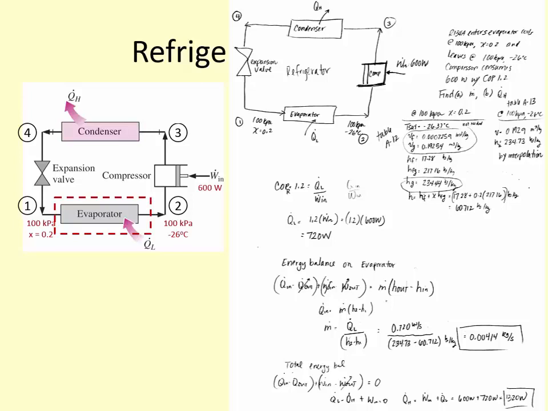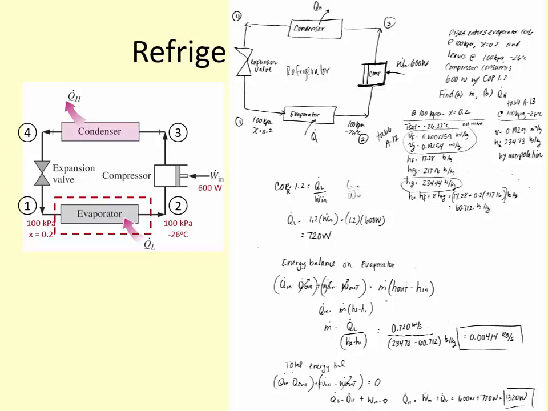So now we need to go to the property tables and look up some values to figure out our enthalpies. So at 100 kilopascals, x equals 0.2. So that's the inlet condition to the evaporator. We can look up property values and calculate using the h sub g and h sub f values that h is equal to h sub f plus x h fg, and that value is 60.712 kilojoules per kilogram.